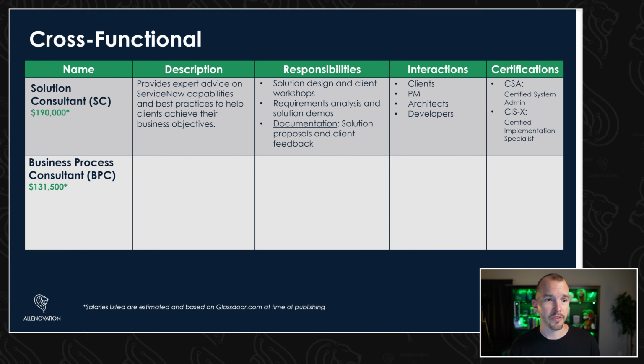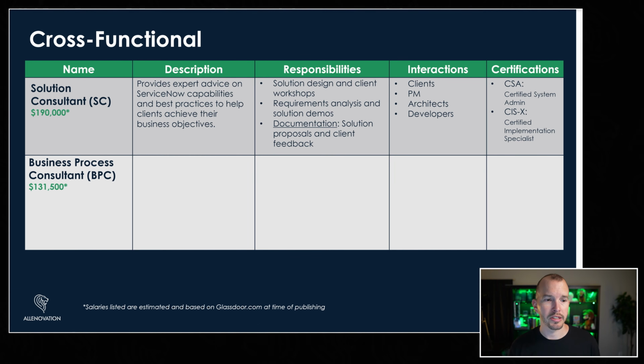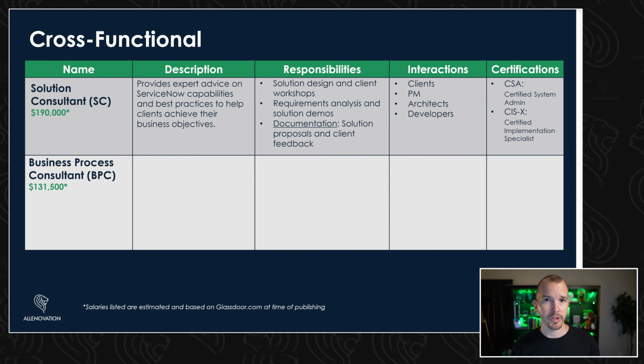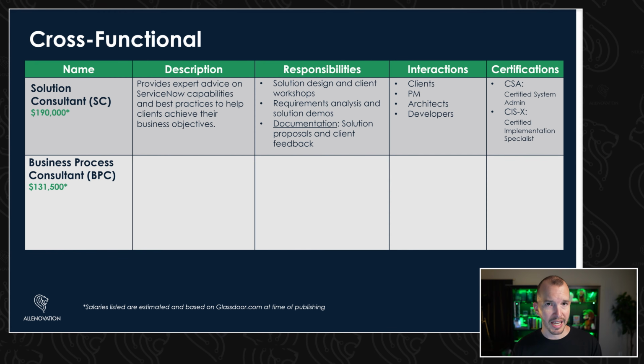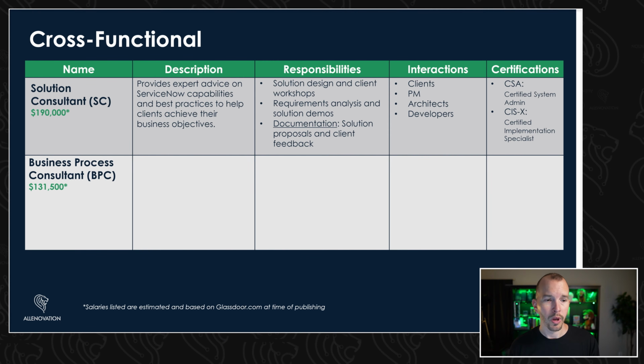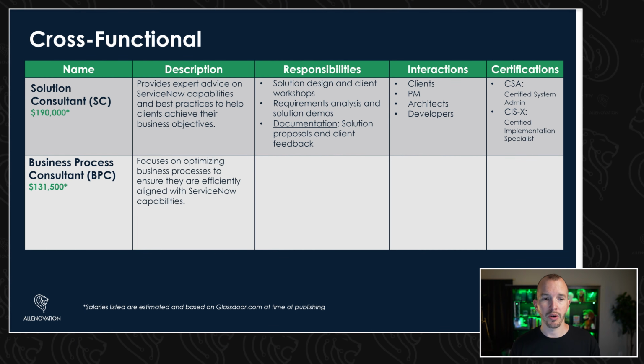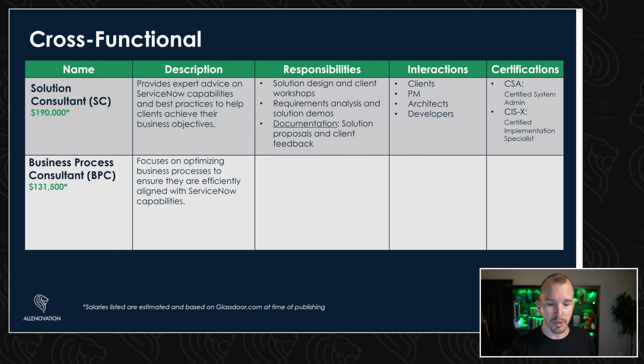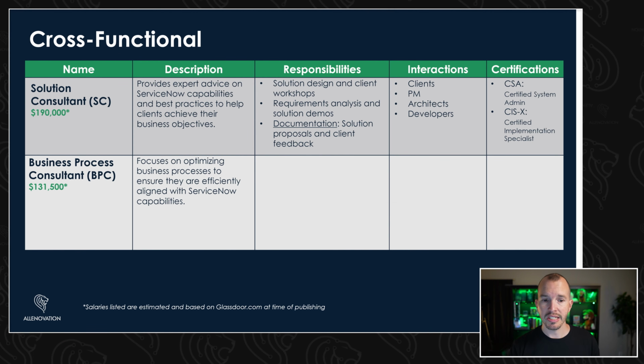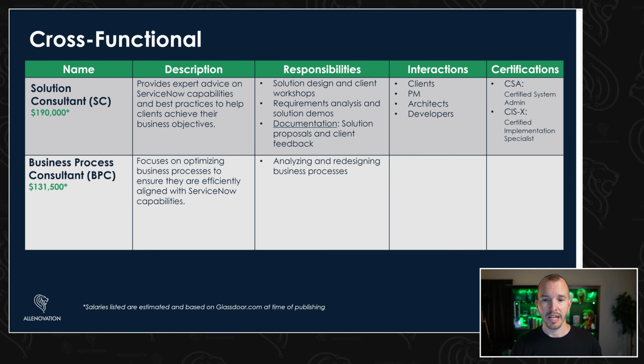Next up on the list here for cross-functional is your business process consultant, not to be confused with a business analyst. This is a different role completely. So this person here is really focused on optimizing business processes to ensure that they are efficiently aligned to the ServiceNow capabilities that are being provided. And so some of their responsibilities is analyzing and redesigning those processes.